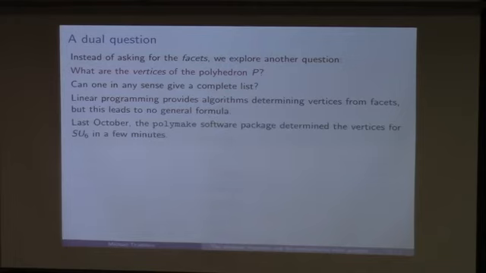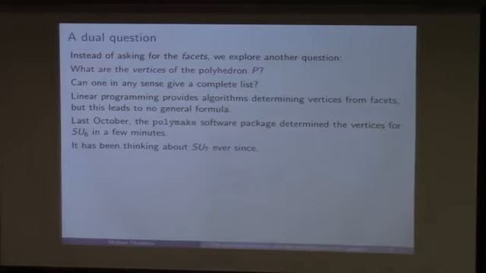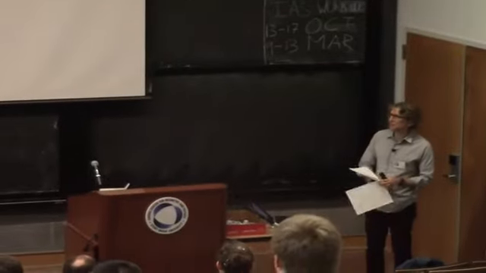And I did this. With the software package polymake, in a few minutes, it found the vertices for SU(6). That was in October, and it is still thinking about it. So you see that the complexity of the problem grows explosively. But how many vertices are there for this? A lot. Thousands.